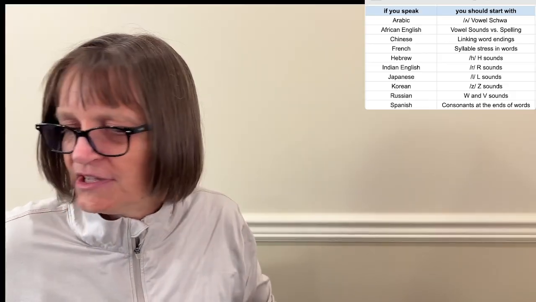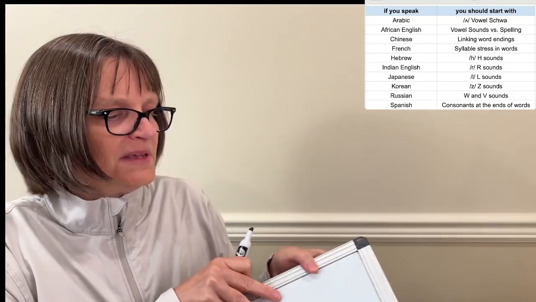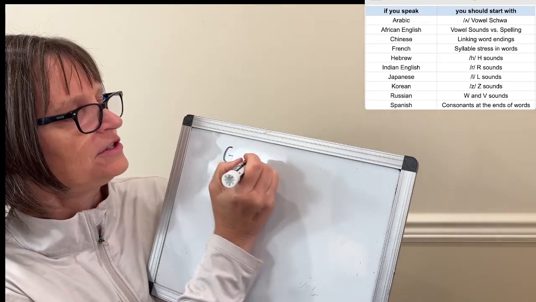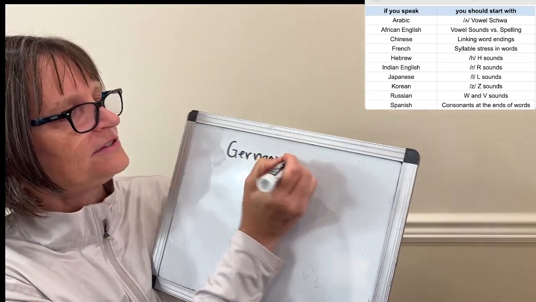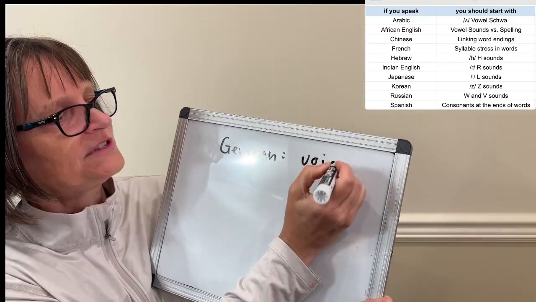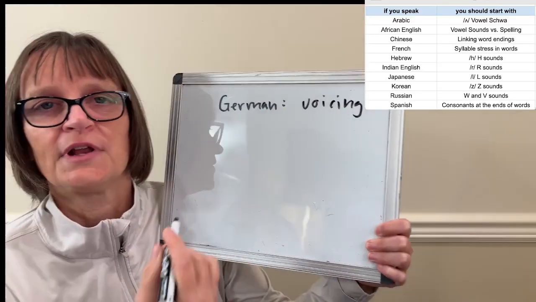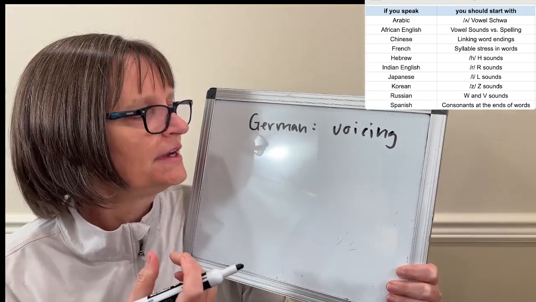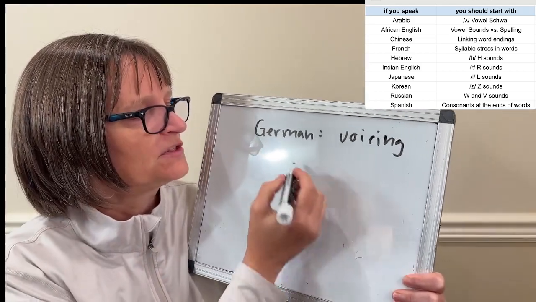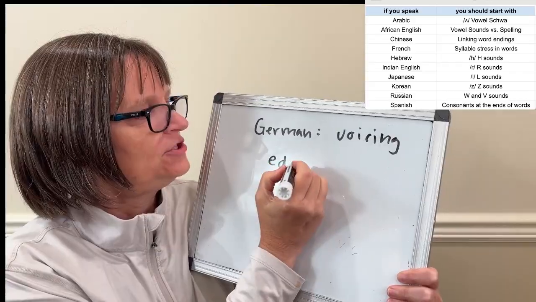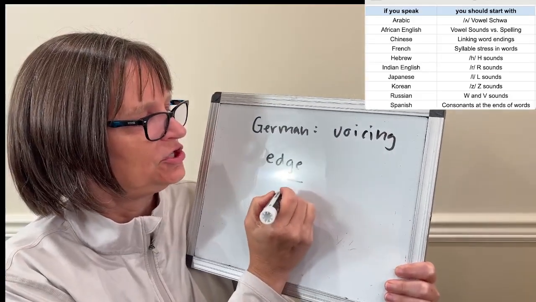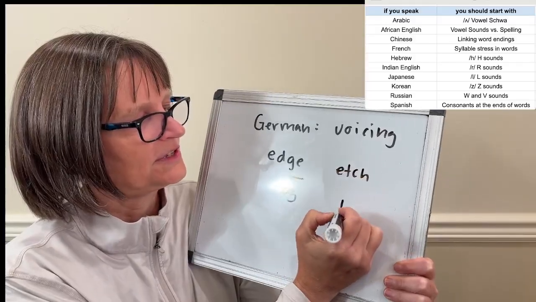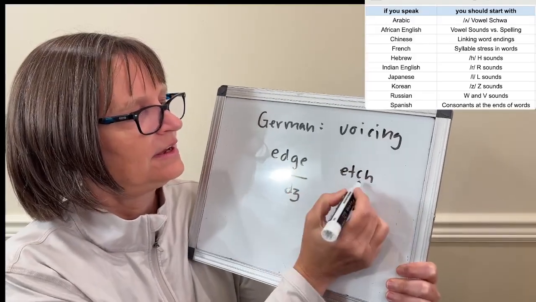I didn't mention it in my chart at the beginning, but I would say for German speakers, the most important thing to look at is voicing. That's where I would start. So learning where we have voiced sounds at the beginning and the ends of words, looking at a difference between a word like "edge" with the voiced j sound and "etch" with the voiceless ch sound.